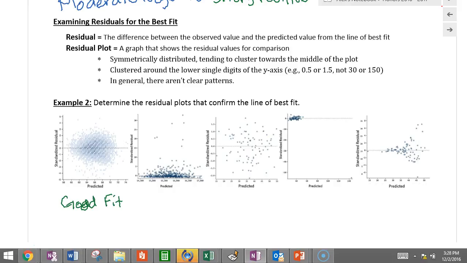If I look at the second one, if you notice, they're all kind of clustered towards the bottom, and then some go up from there. That's a bad fit because they're not clustered around the middle.